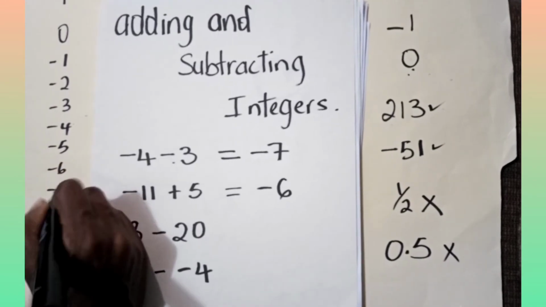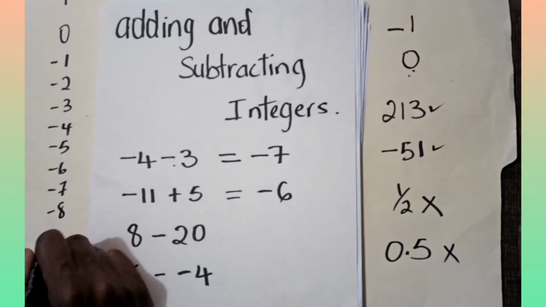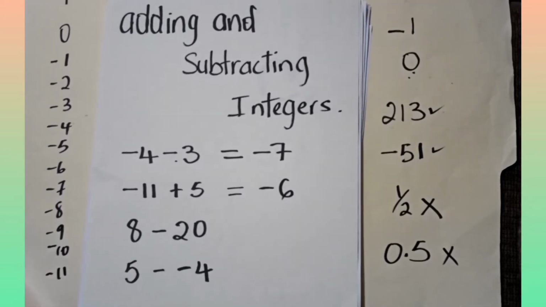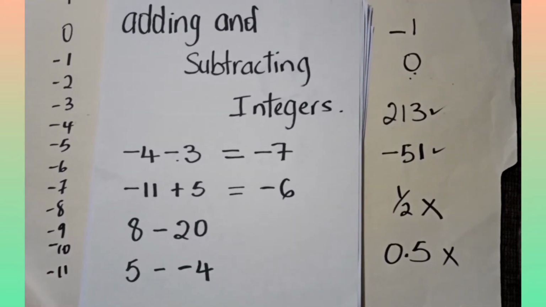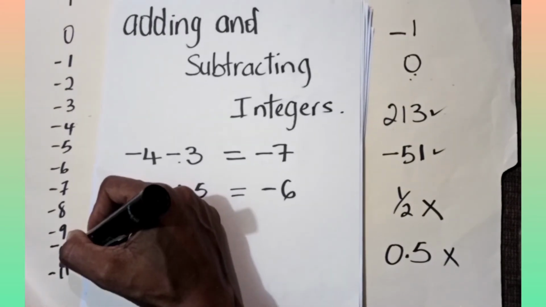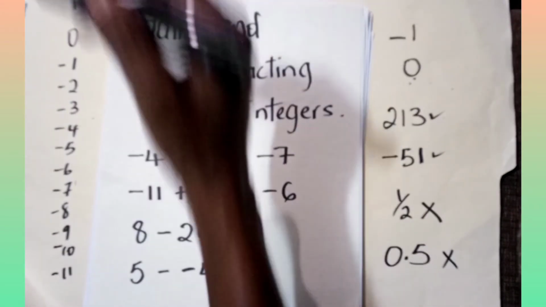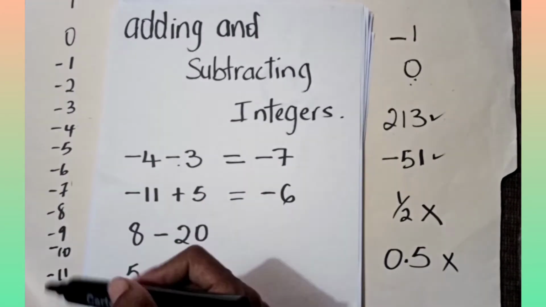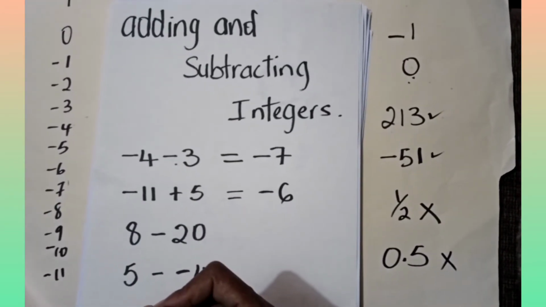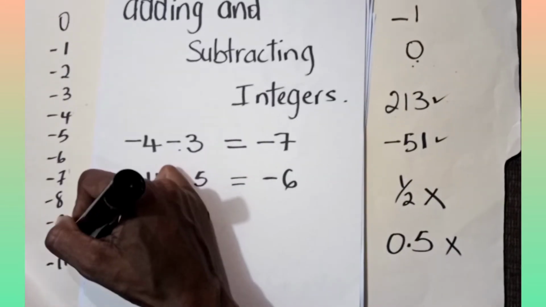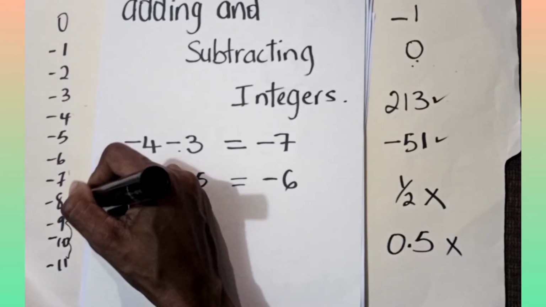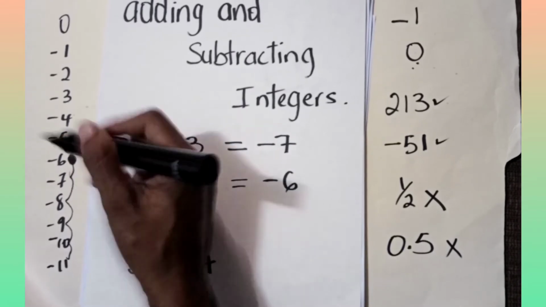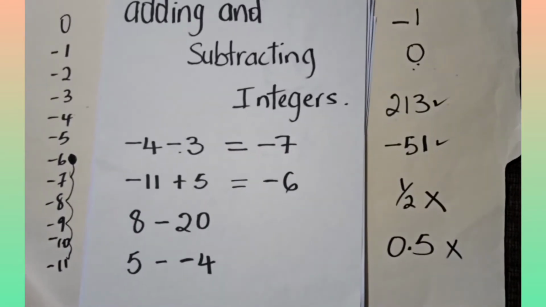Start at negative 11. Because you're adding now, you move towards your positive numbers. But if you're subtracting, then you would go down, towards your negative numbers. So you add 5. It's 1, 2, 3, 4, 5. And this is your answer right there. Negative 6.